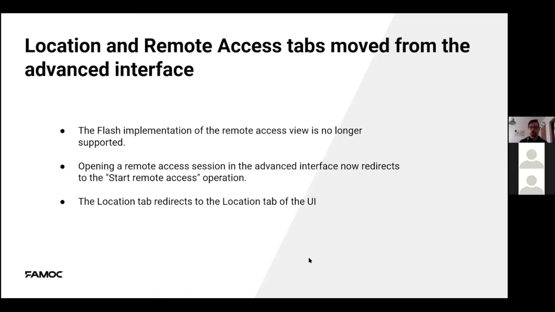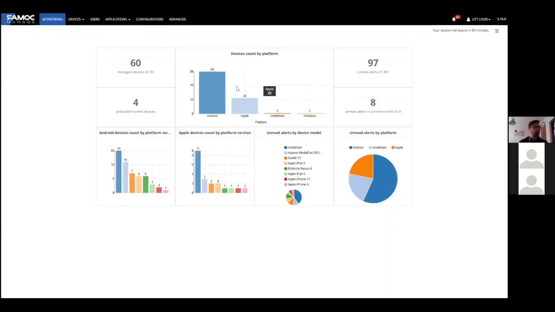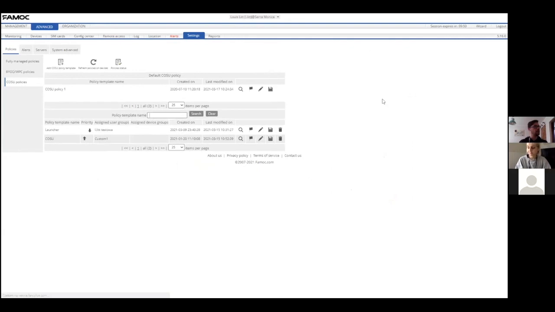location and remote access tab have been moved from the advanced interface, and right now you can use them in the new graphic interface. So I will also try to show that on our server. So here in the advanced interface, the location tab is here.